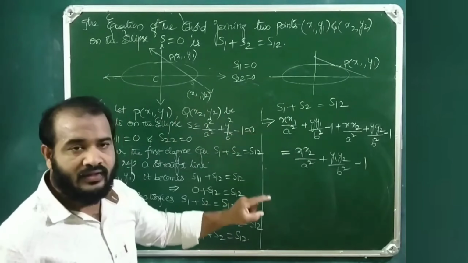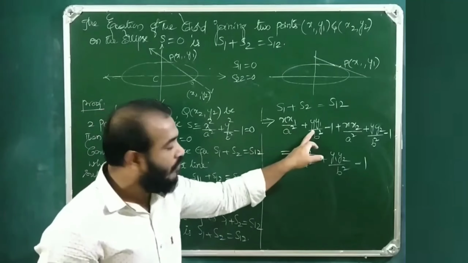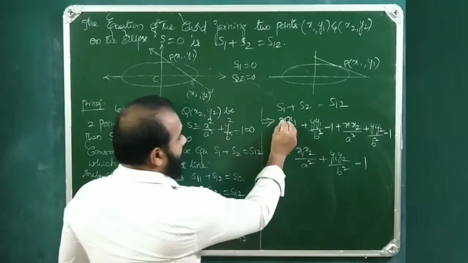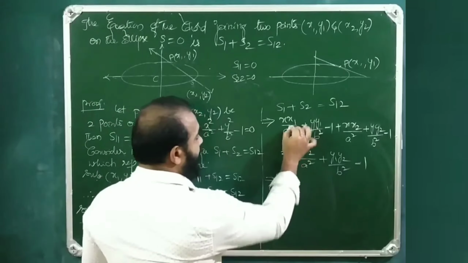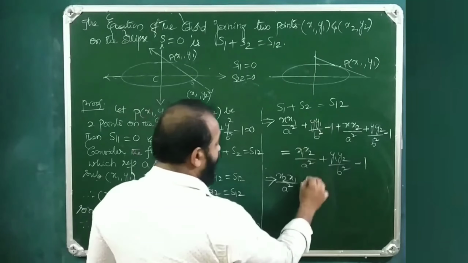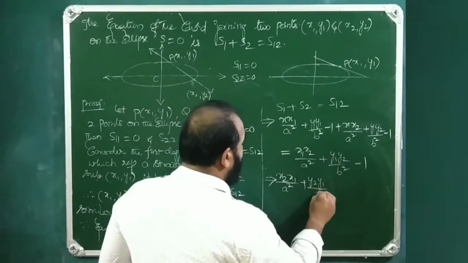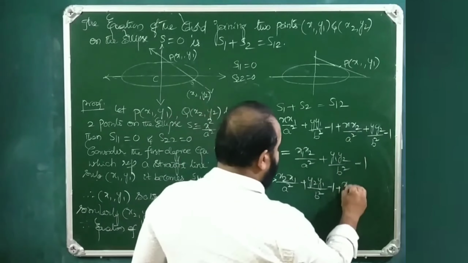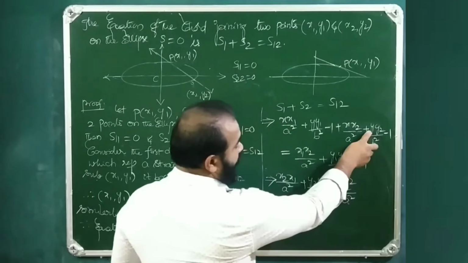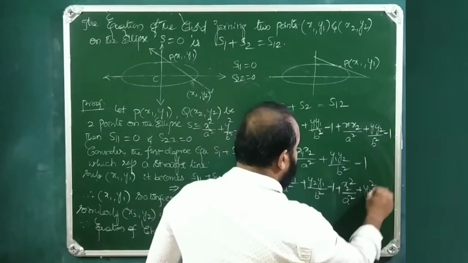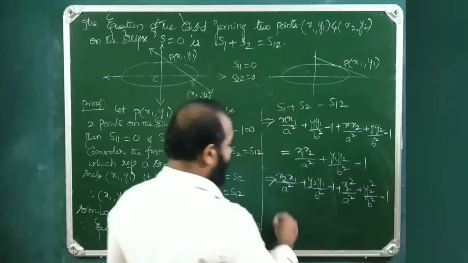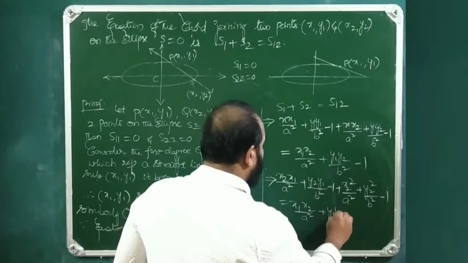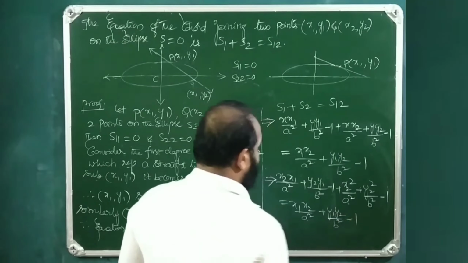Substituting x2, y2 in this, in the place of x and y substitute x2 and y2, and let us see what will happen. So this is x2x1/a² + y2y1/b² − 1 plus x2²/a² + y2²/b² − 1 equals x1x2/a² + y1y2/b² − 1.